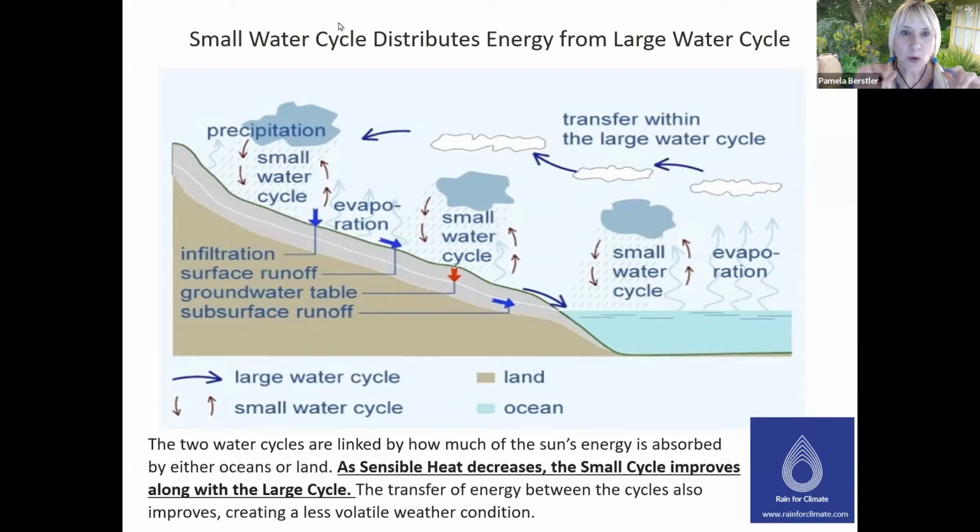So we can influence the experience that people have with weather and with global warming by making sure that we vegetate as much of the land as we possibly can and restore the soil to a functionality of a spongy soil, and allow the rainwater that is created to go back into the ground so that it can be cycled in this gentle, small water cycle.